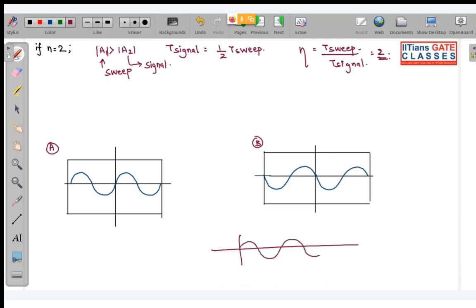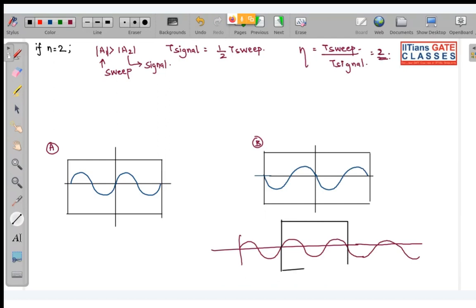See, this sinusoidal signal, if it is an ideal sinusoidal signal, it will go till infinity. Now, I don't know basically the CRO screen, which cycle is it capturing?